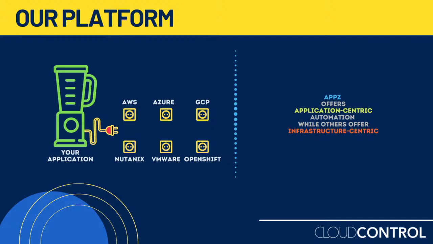We are asked all the time what is so different about AppZ. If I have to make the differentiation in just one sentence, we are application-centric. I will give you another analogy. I buy a BMW car, and if I have to take a certification from BMW to drive it, that is insane.